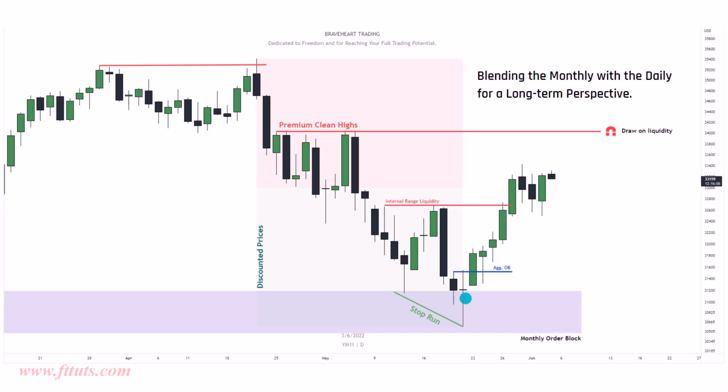Are you a one shot, one kill trader where you enter at this order block here and you hold until this? Okay, are you a swing trader where you enter here and you hold for this entire range until the drawn liquidity? Or you're a day trader like me, we just want to get in, out, in, out, in, out.